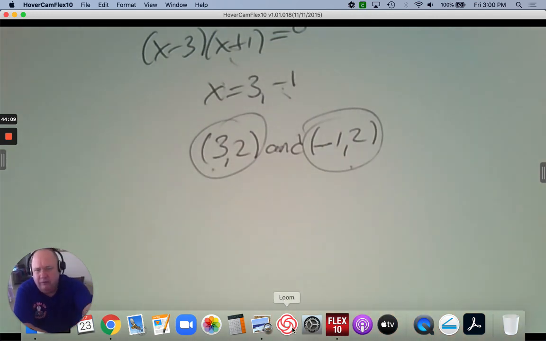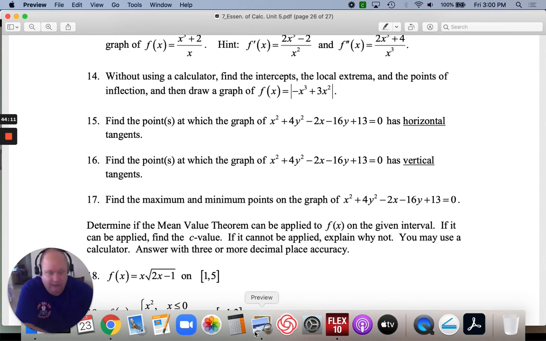What was number 17? Find the maximum and minimum points on the graph. So for number 17, the maximum and minimum points would be where the horizontal tangents were.